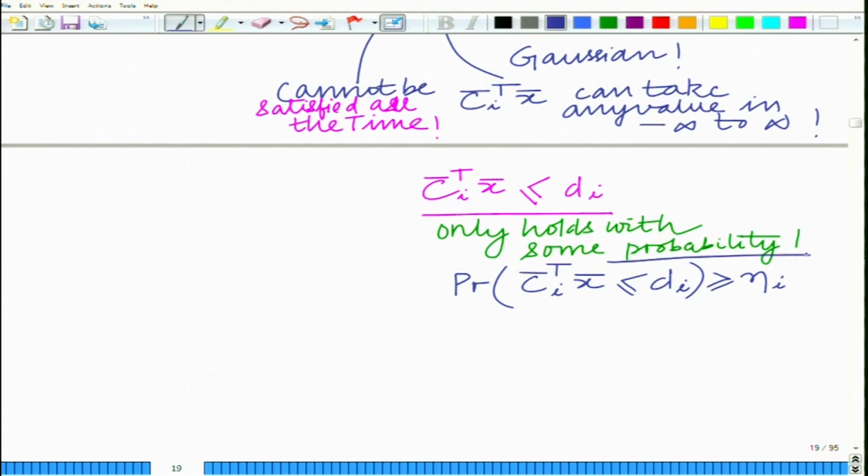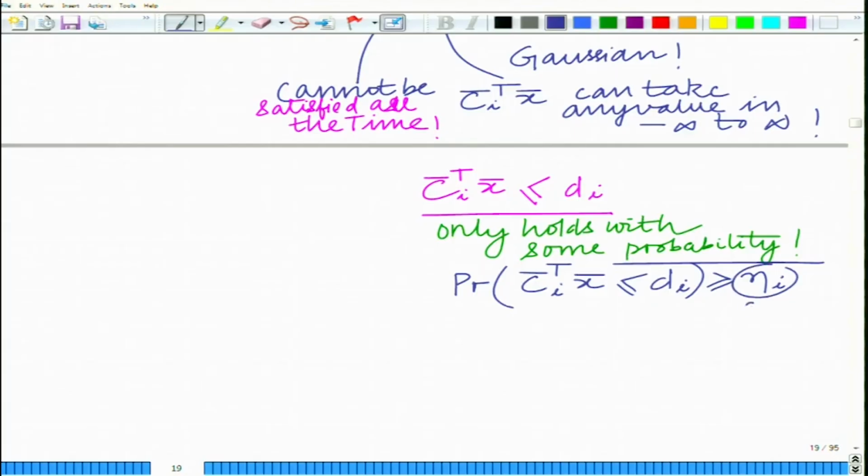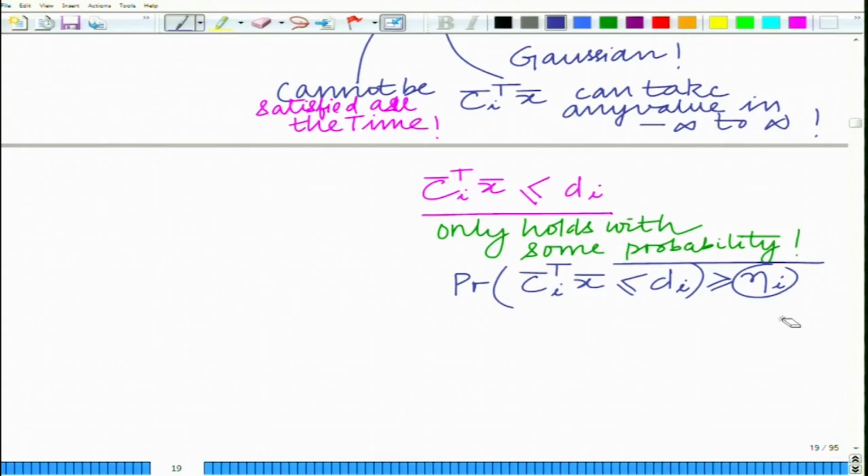This constraint need not hold all the time, but it can hold with a very high probability. For instance, eta I can be, let us say, 95%. Just take a simple example, which means that this constraint has to hold 95% of the time. So eta I can be 0.95.